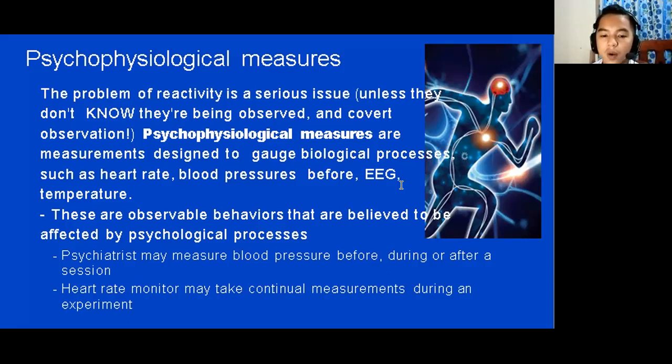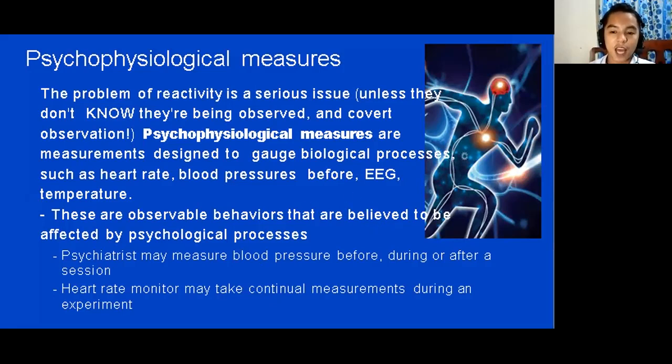Although in psychophysiological measures we tap the medical aspect, it is still considered observable behavior because it is believed to be affected by psychological processes. And psychiatrists may measure blood pressure before, during, or after the session, as what I have said. So a heart rate monitor may take continual measurement during an experiment.